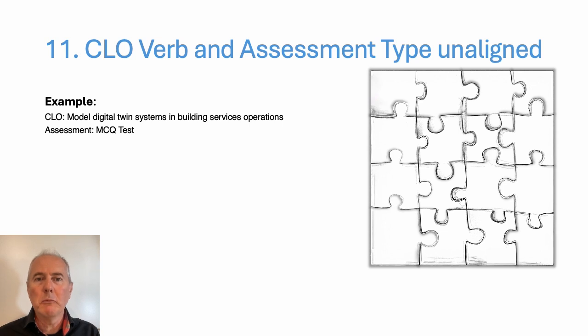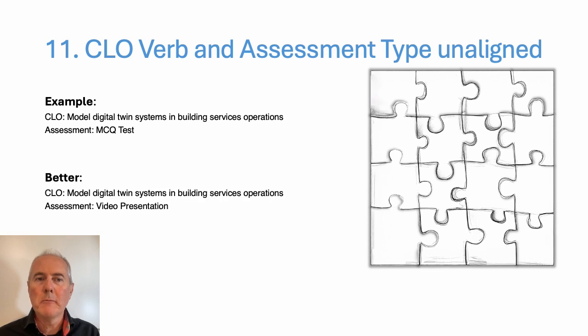The inconsistency will call into question whether the CLOs are being properly assessed. It's a basic course quality measure for TEXA, and this is the more serious course design issue. Better, the CLO, model digital twin systems in building services operations, and the assessment is a video presentation.